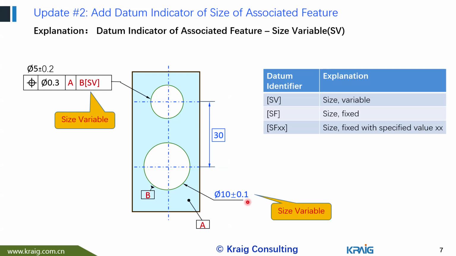It means that when we locate the part, the associated feature size will be expanded within the tolerance until it fully touches the inner surface of the hole. So look here: it expands and then fully touches. That means the datum pin is size variable. So this is the second way to add an identifier to express which kind of locating feature you want to use.